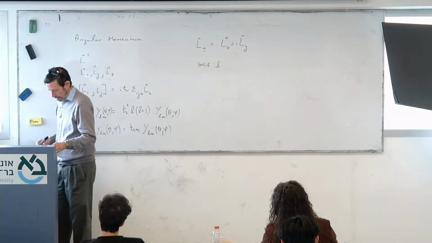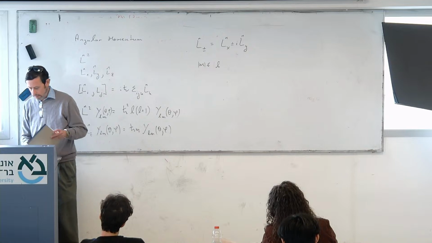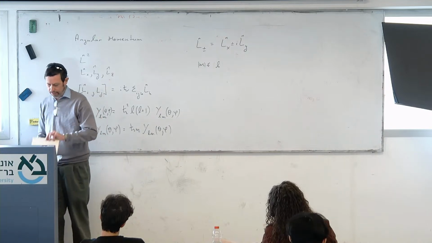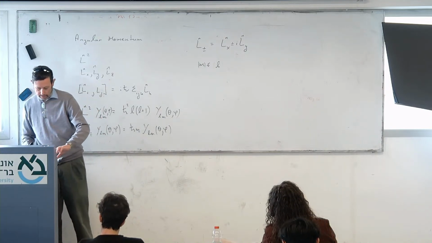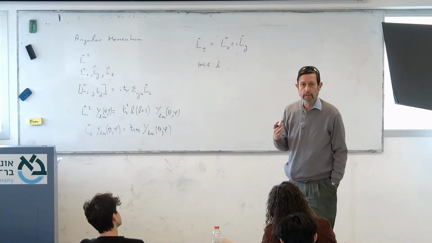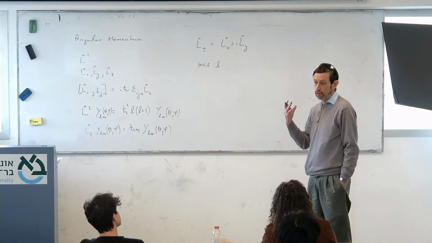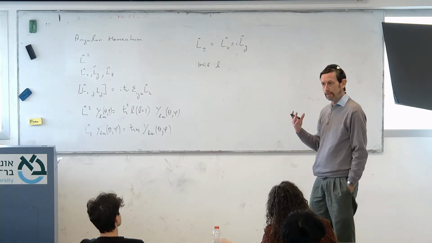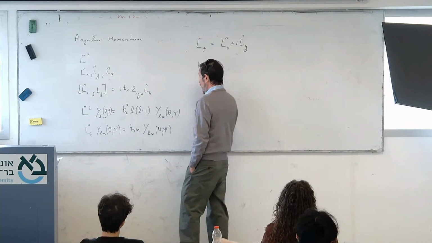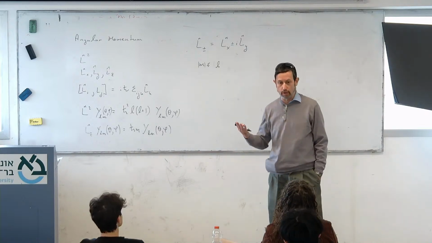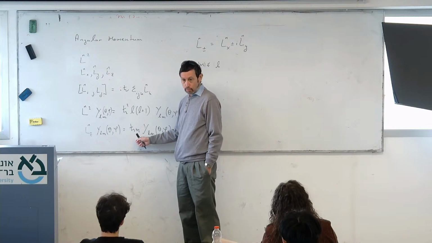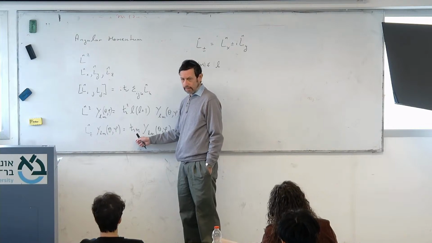Now we would like to continue in the same spirit that we employed in order to find the eigenfunctions of a harmonic oscillator. We'll use similar concepts, similar tricks, in order to find the eigenfunctions of L square and Lz.